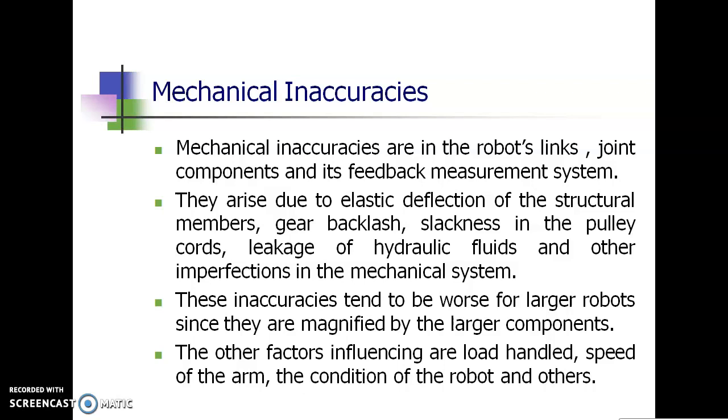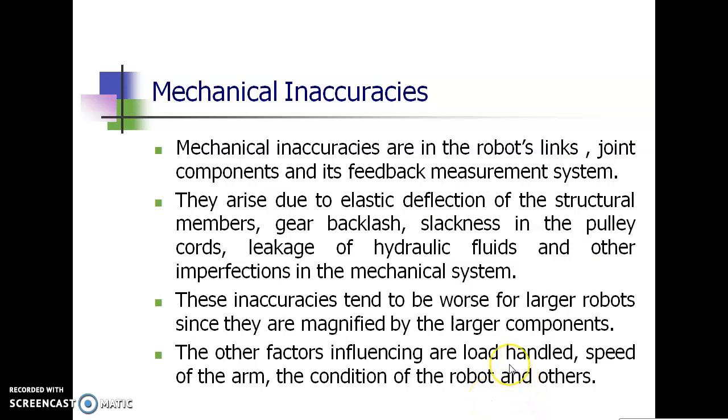These inaccuracies are worse for larger robots, since the components are larger and because of this the inaccuracies are larger. Moreover, the mechanical inaccuracies depend on the amount of load handled, speed of the arm, the condition of the robot and others.